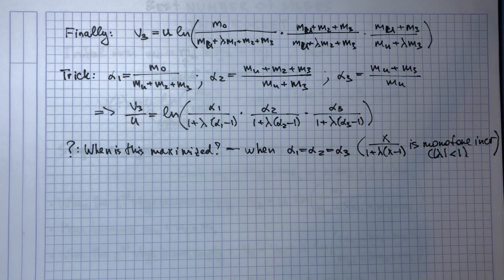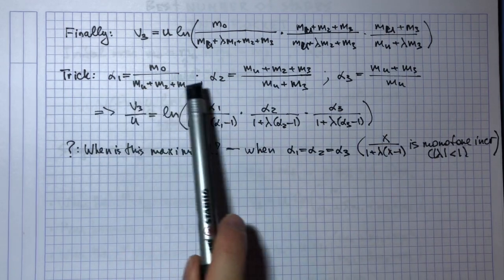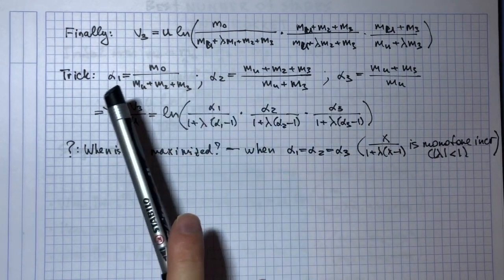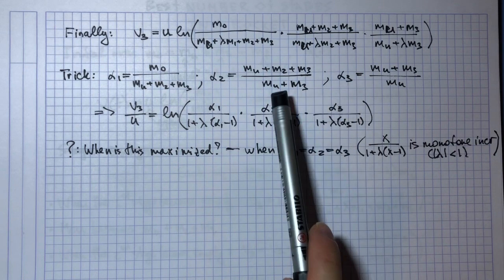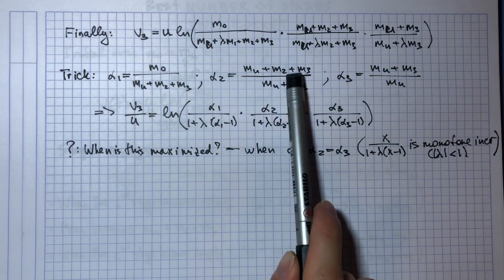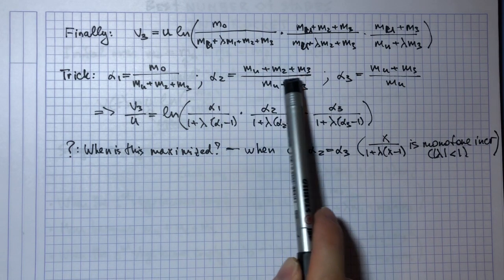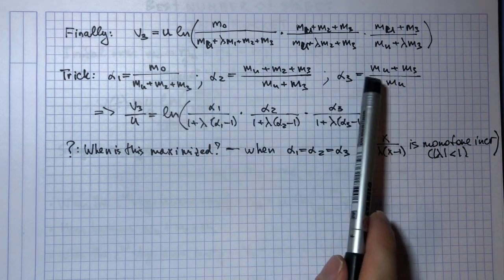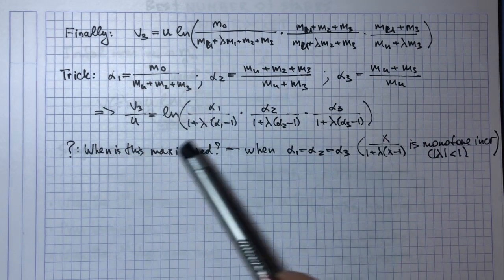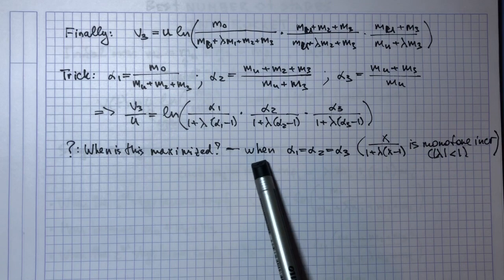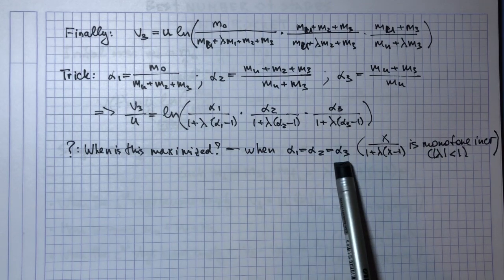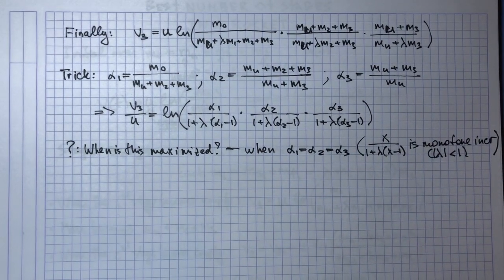And another thing to keep in mind is that alpha 1, alpha 2, and alpha 3 are not independent variables, and if you want to increase one of them, you will have to decrease another one of them. So this condition is kind of intuitive.